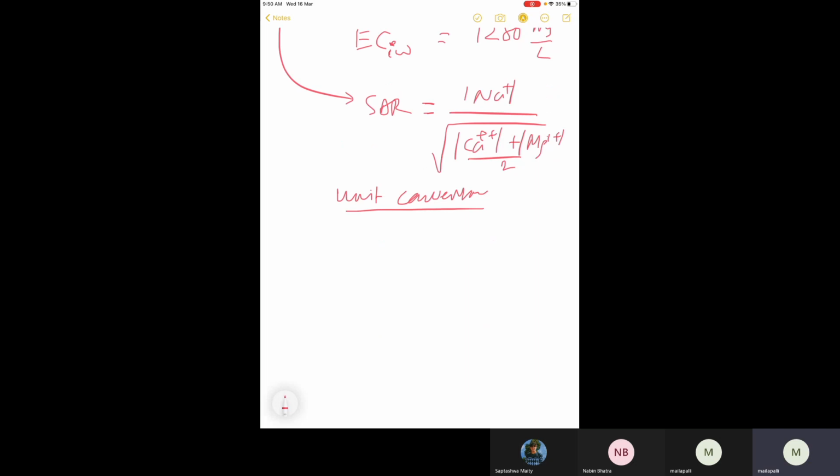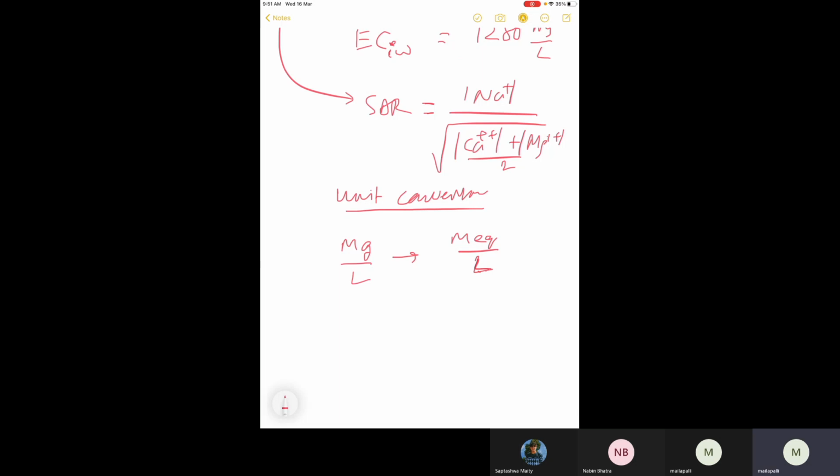The unit conversion here is milligram per liter to milliequivalent per liter. In order to do that, you have to divide the milligrams by the weight of the molecule or atom, and also account for the valence. Valence is important because here Na is plus 1.